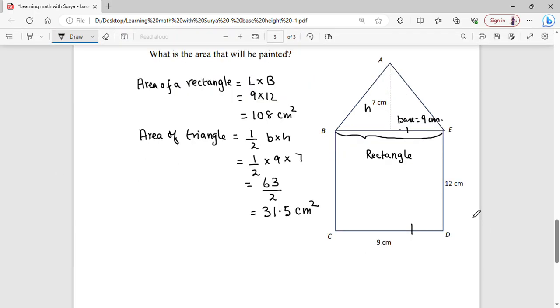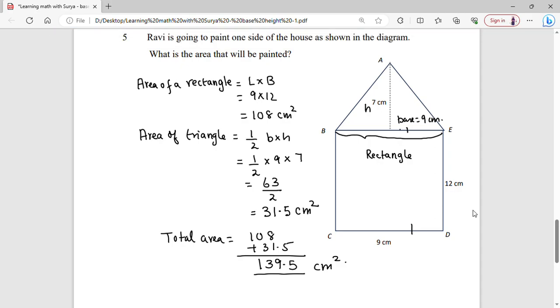So now I have the total area to be 108 plus 31.5 cm square, which is 139.5 cm square.